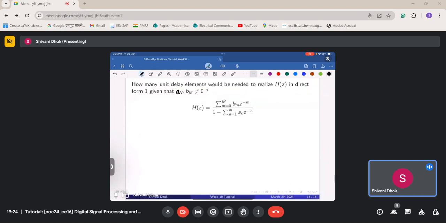Okay, so this H of z I can write as Y of z upon X of z, which is equal to summation m equal to 0 to capital M b of m z to the power minus m upon 1 minus summation n equal to 1 to capital N a n z to the power minus n.